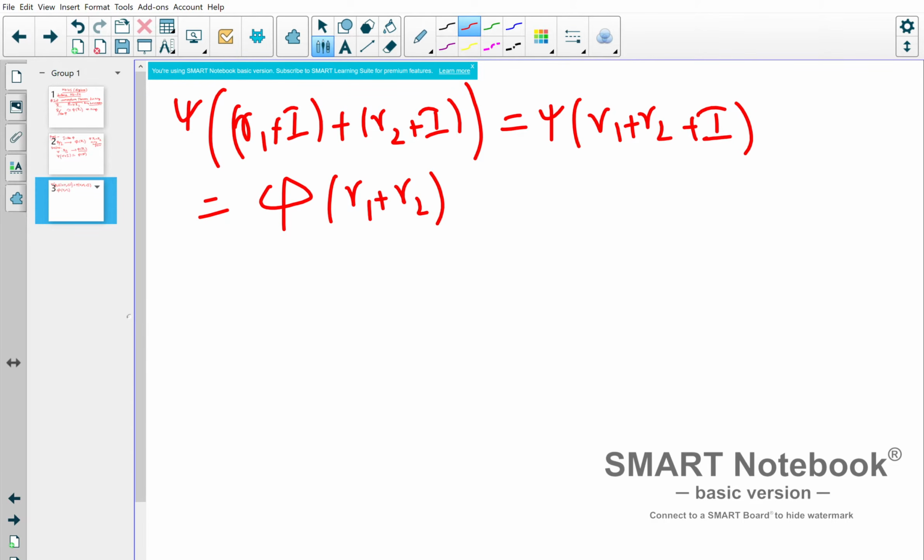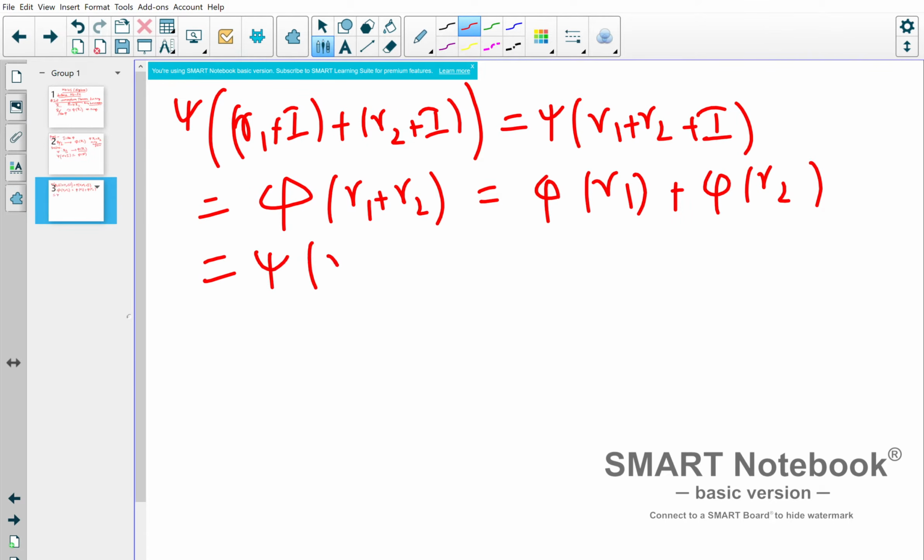But I know that phi is a ring homomorphism, so this will be phi of R1 plus phi of R2. But phi of R1 is nothing but psi of R1 plus I, so this is psi of R1 plus I plus psi of R2 plus I. So the first property of homomorphism is satisfied.